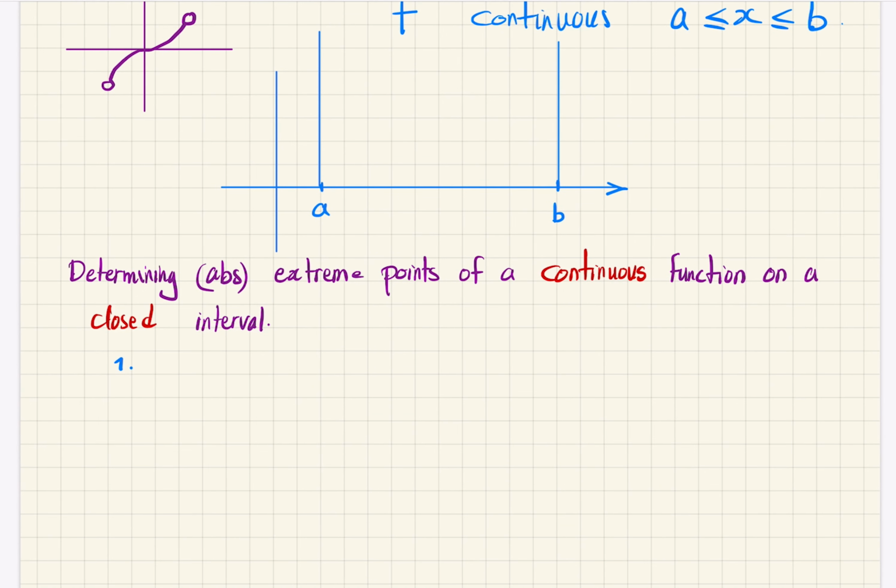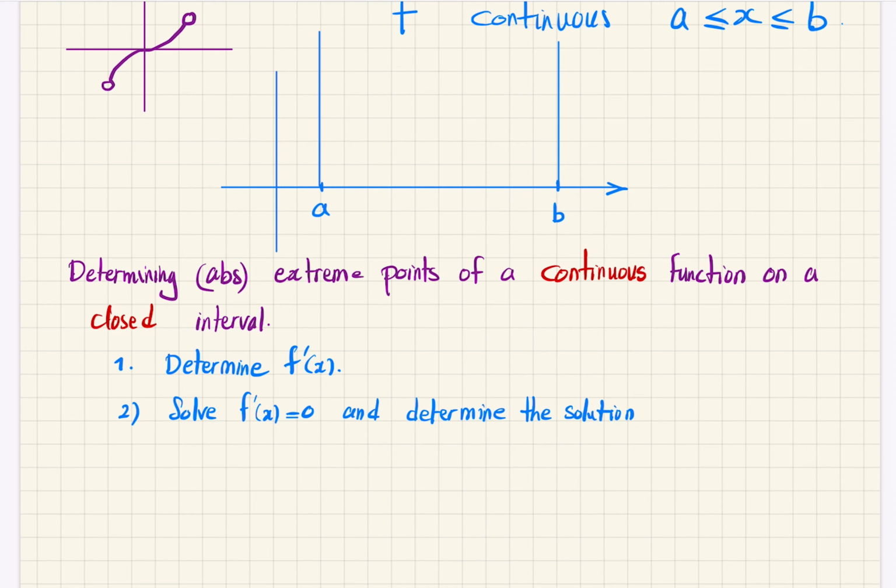Number one, determine f prime of x. Number two, solve f prime of x equal to 0 and determine the solutions that lie on the interval.